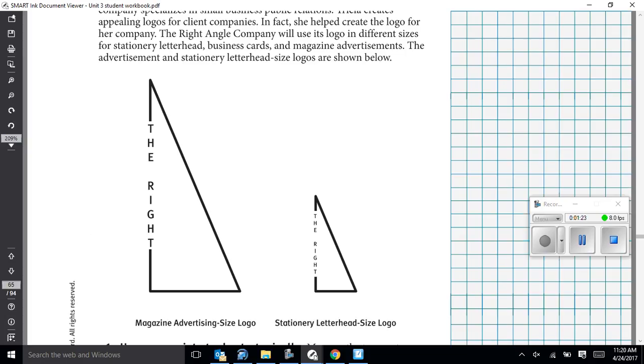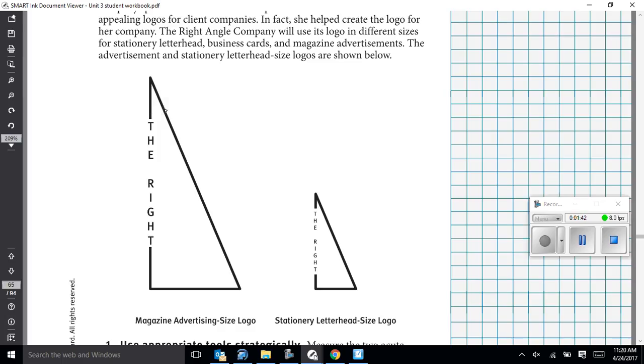In order to be similar, what has to be true about the corresponding parts? The angles all have to be congruent. So the corresponding angles have to be congruent. This is our right angle, so that means that this angle and this angle have to be congruent, and then this angle and this angle have to be congruent. What do we know about the corresponding sides?